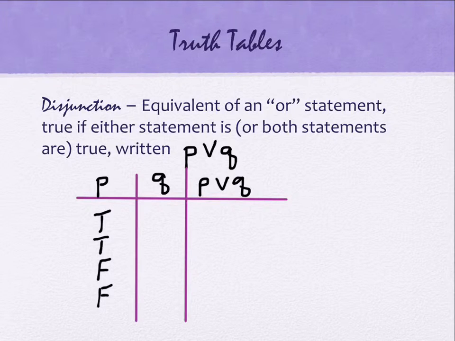Very good. What goes underneath Q? True, false, true, false. So that's the nice thing about truth tables. You can always start them. Even if you blanked out after that, you'd have something on the paper to get you started. And sometimes just getting started is enough to jog your memory on what happens next.